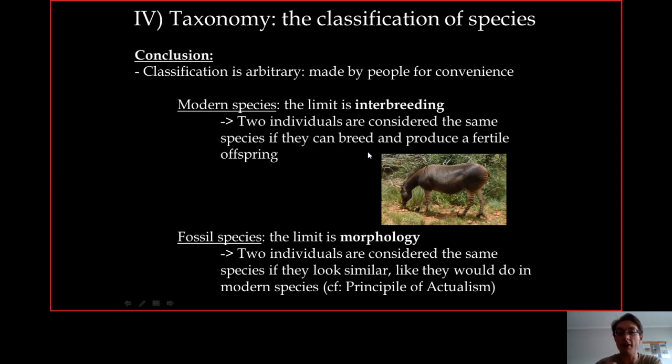cannot interbreed or cannot produce a fertile offspring, they usually look very different. Again, the zebra and the donkey look quite different, morphologically speaking. So their morphology is different. And if we find in the fossil record two species that are different enough so that we can make the decision that they are different species, then we consider them just two different species.